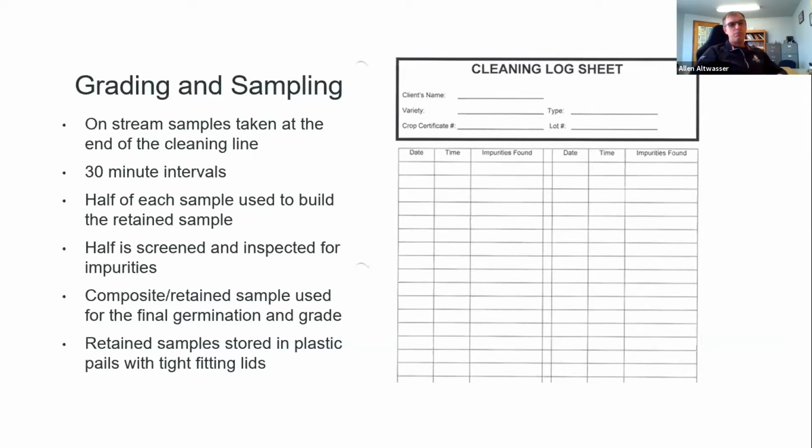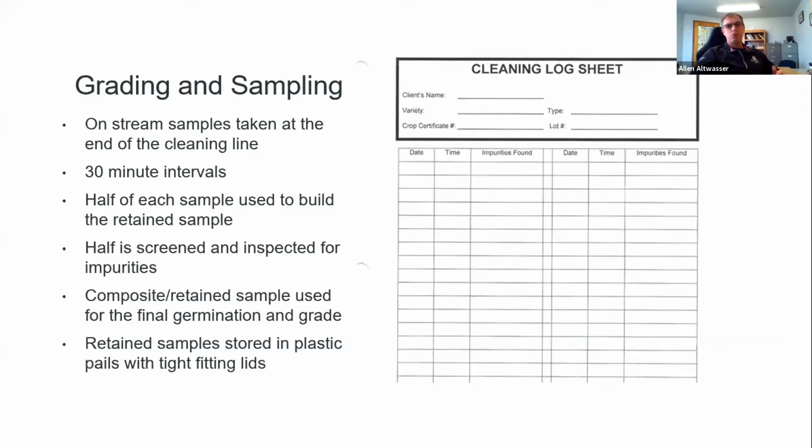At the same time, the sample we take into the grading room, we're hand screening it and inspecting it, and as we build our retained sample, we're also grading at the same time to monitor what's going on. The composite sample is built at the same time, and it helps us tune our machinery too, so we can see if anything's getting through, or if we need to adjust something.